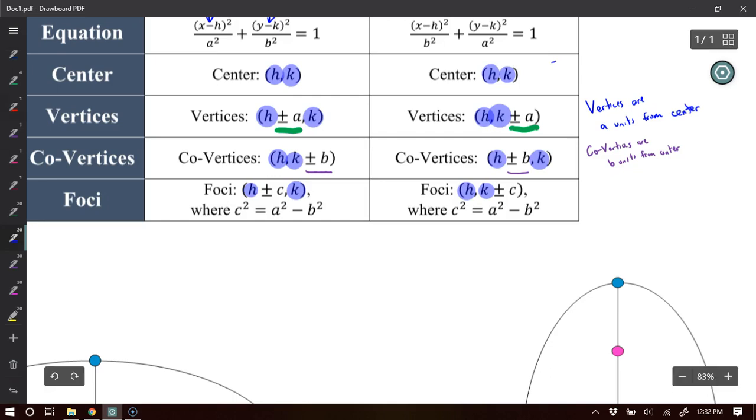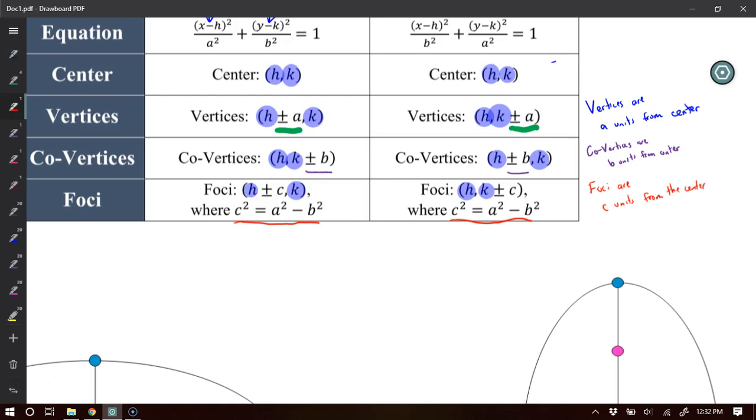And so foci are c units from the center. There are more patterns to it we're going to get to in a minute. Now, what is c? Well, that's where you use this formula here, c squared equals a squared minus b squared, to find c.